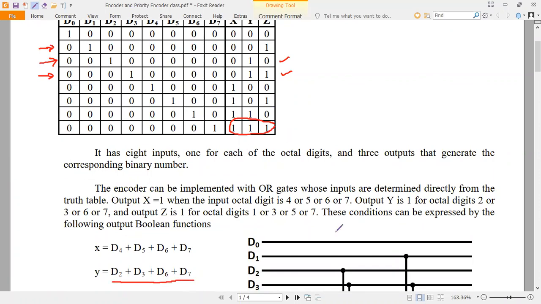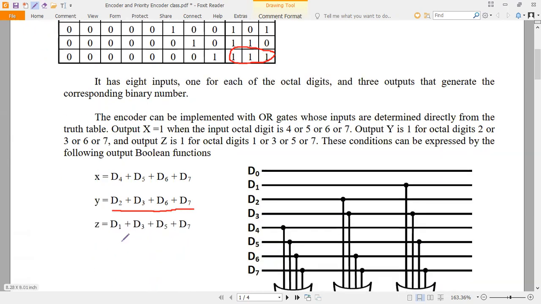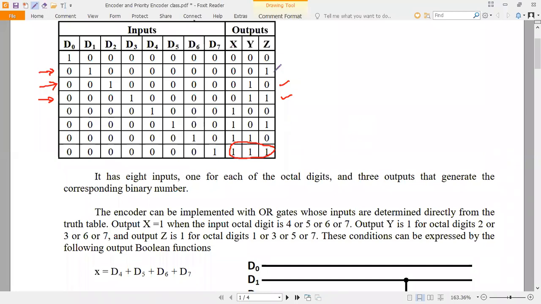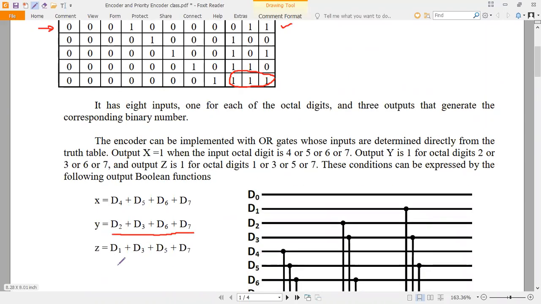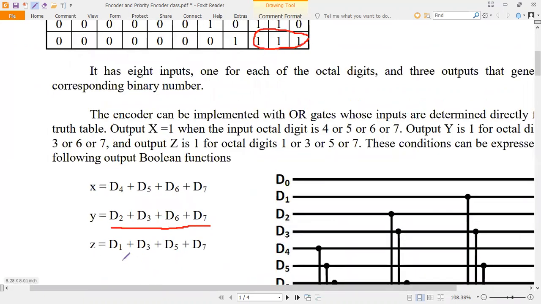Now coming to z, first see the truth table. z equal to 1 for D1, D3, D5, D7. So z can be written as D1 plus D3 plus D5 plus D7.